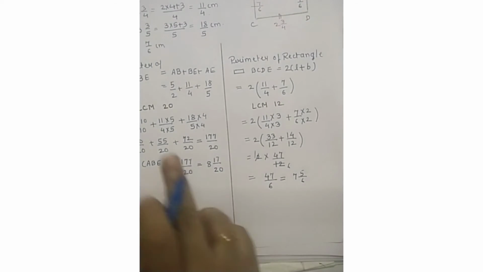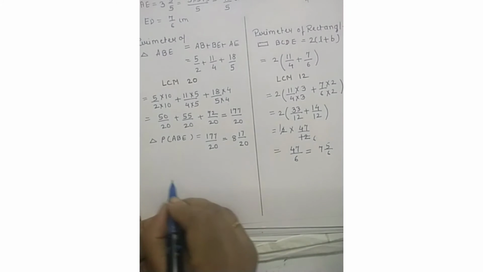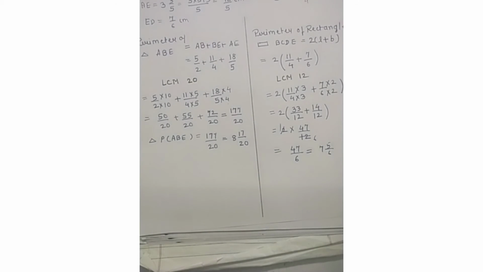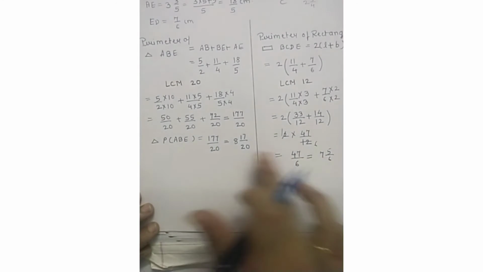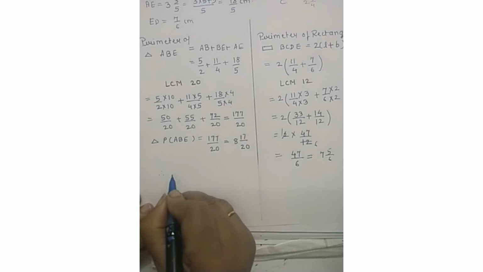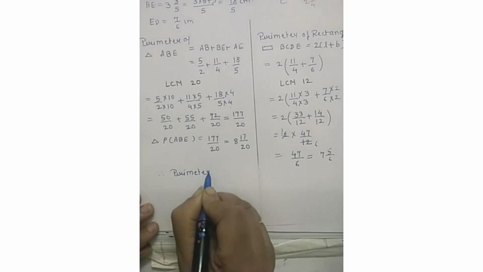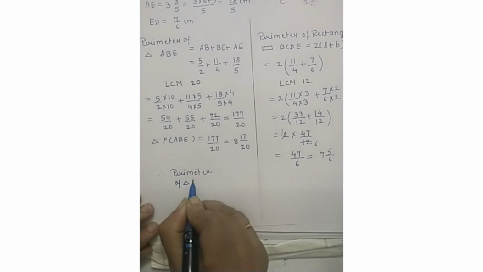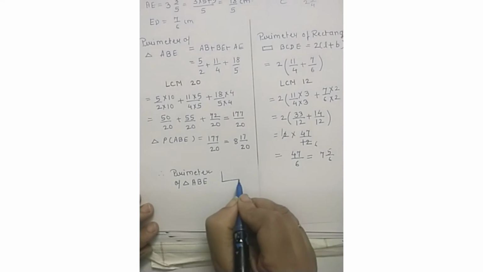Next, they have asked whose perimeter is greater. Now they want to know whose perimeter is greater. Therefore, perimeter of triangle ABE, box, who is greater?